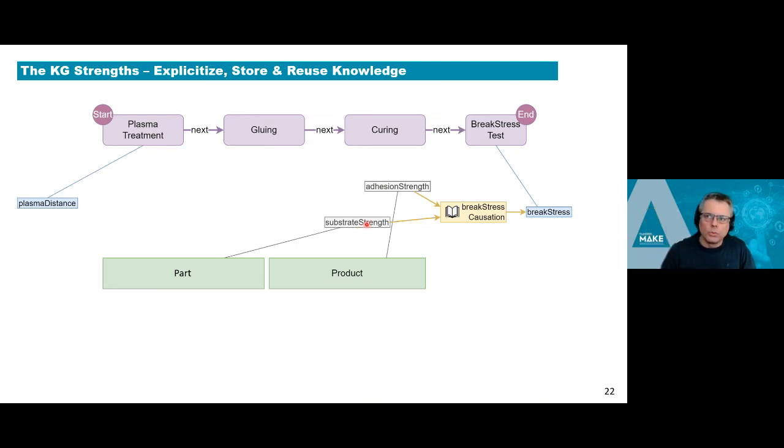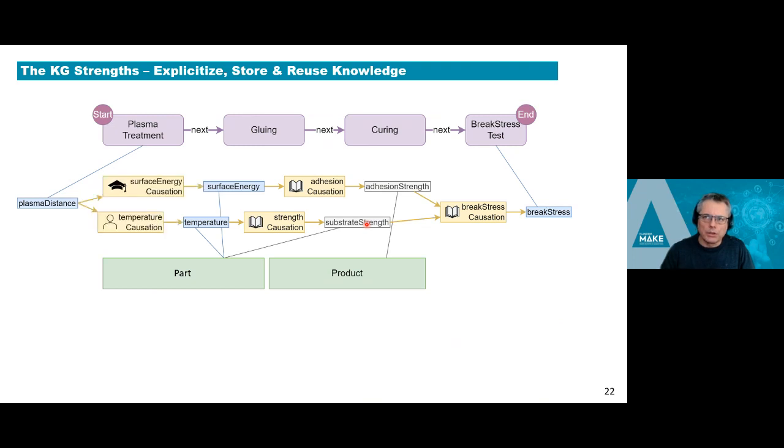And if you continue with that, you can build a full chain. For instance, here the break stress influences the adhesion strength, but the adhesion is influenced by the surface energy, which is a physical property of the part. And we know from our own research that we can influence that surface energy by reducing the plasma distance. So if we come closer with the plasma treatment, then this becomes more positive.